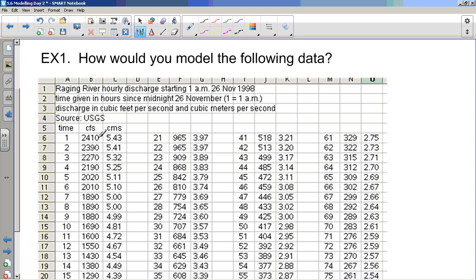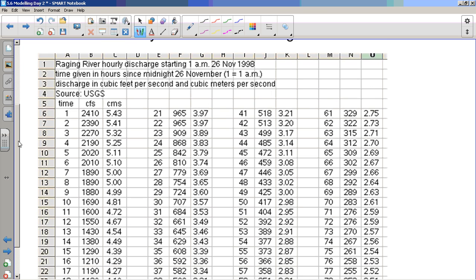This is time, and CFS is cubic feet per second. CMS is cubic meters per second. So this is the raging river hourly discharge. They're measuring the amount of water going through some sort of system, and I have no idea how it would be changing, but this is some data that somebody has collected. The USGS, I don't know what GS stands for, it doesn't matter, we have data.